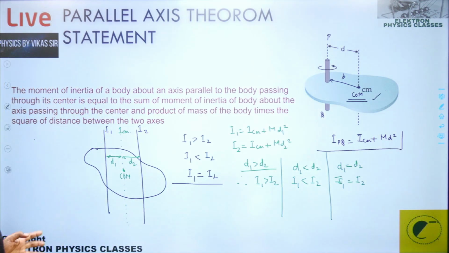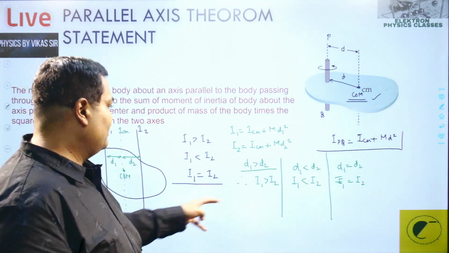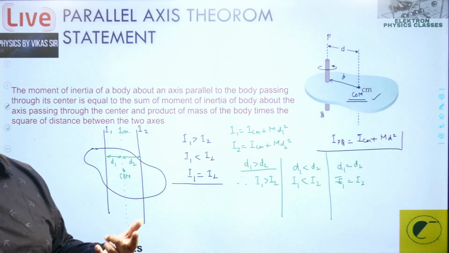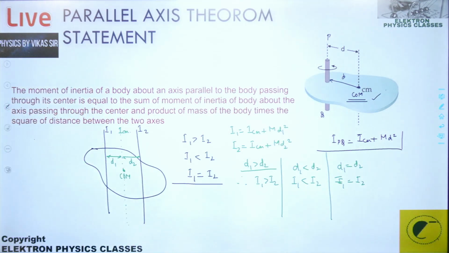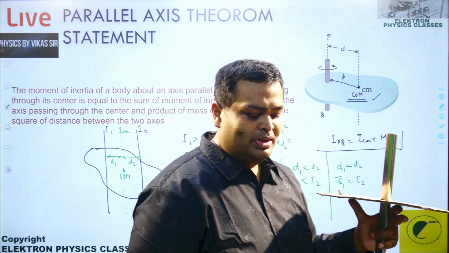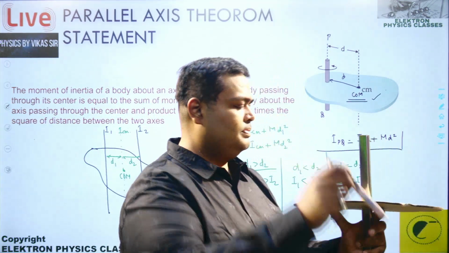So, can we have more than one axis which have the same moment of inertia? Yes, we have these two axes. There can be infinite such axes. Means our favorite figure like this. Now see this. This is the center mass axis.